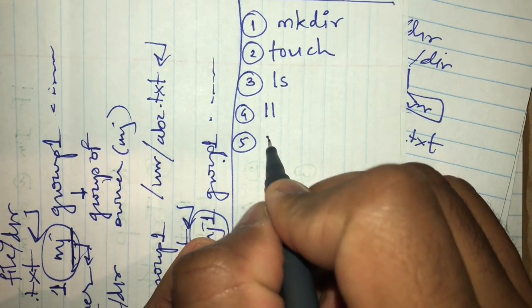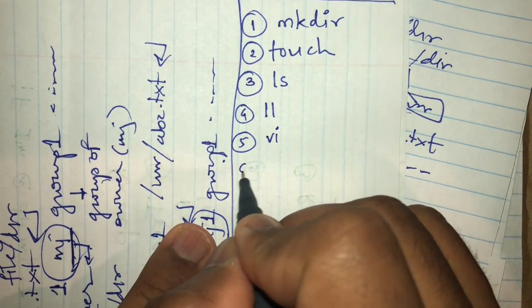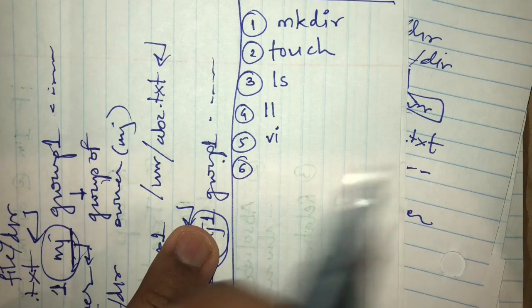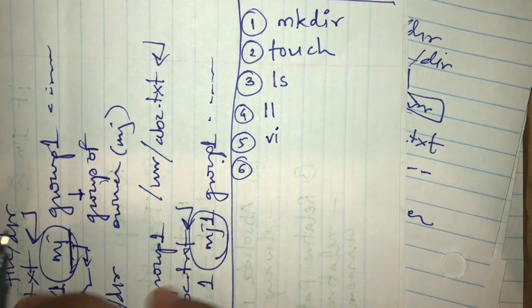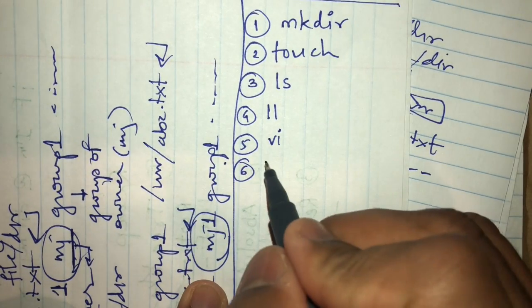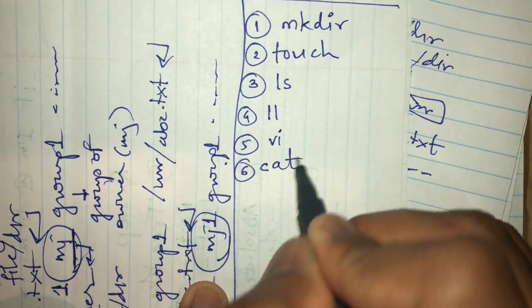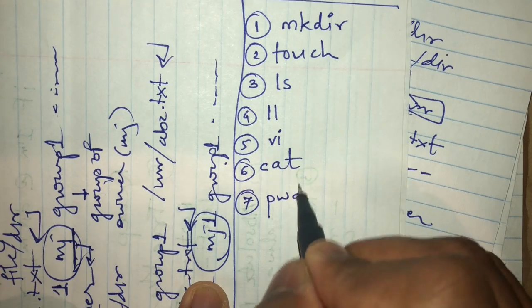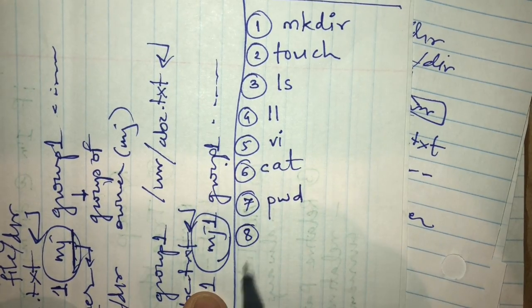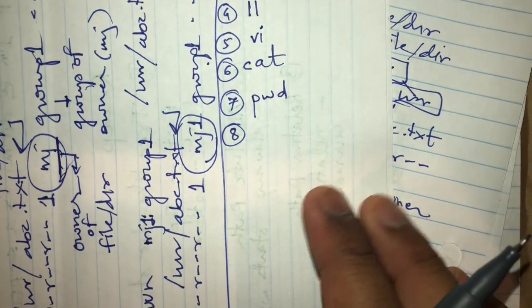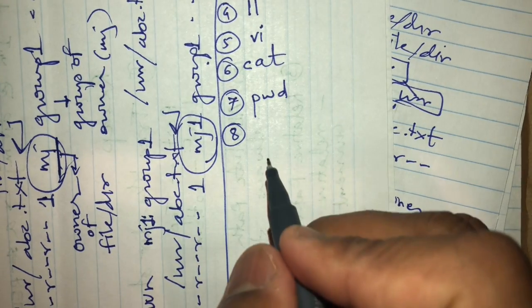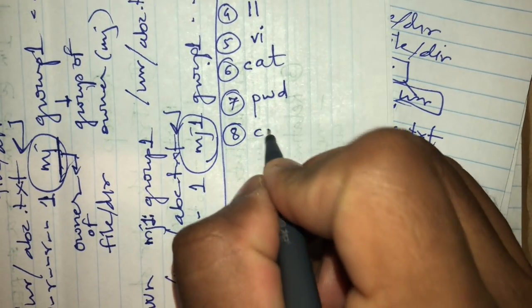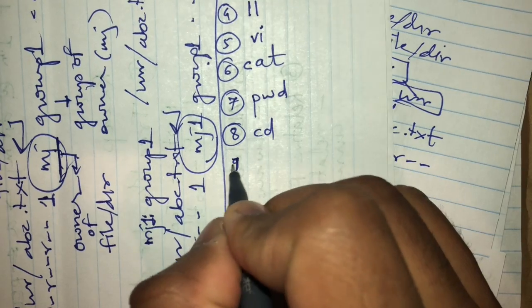Then you can say vi command, which will let you write content to a file or open the existing file in edit mode. With the help of the cat command, you can print the content of the file. With the pwd command, you will know where you are exactly in the Unix operating system directory structure. cd will change that directory.